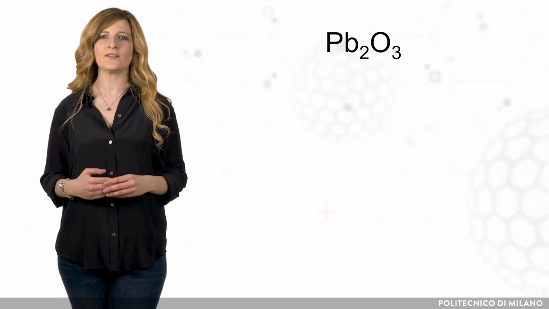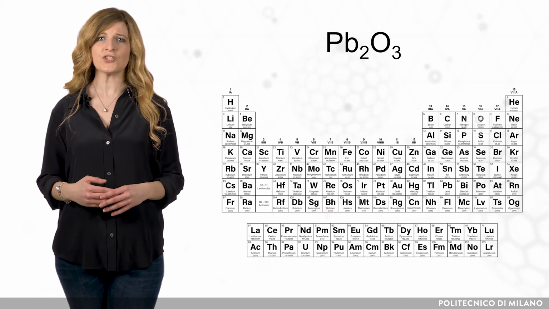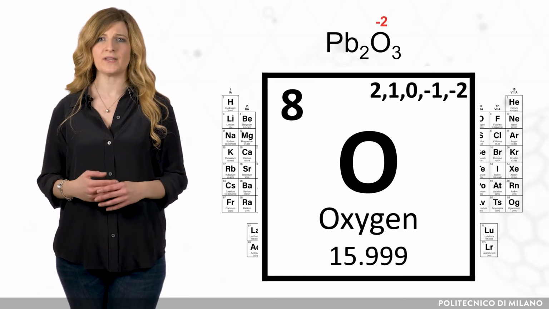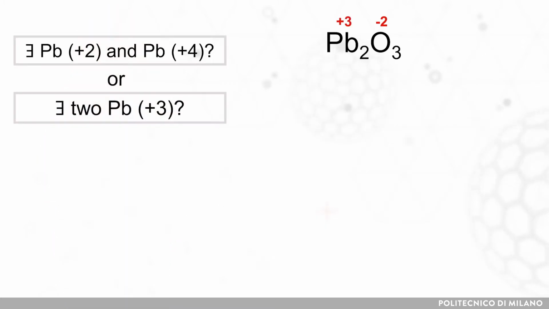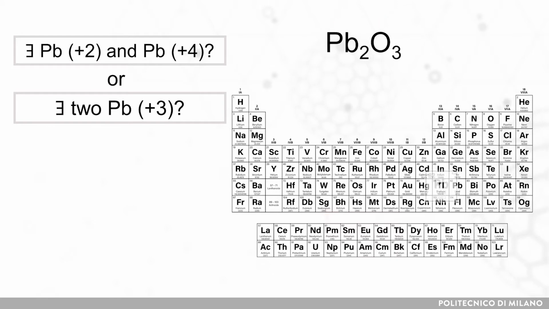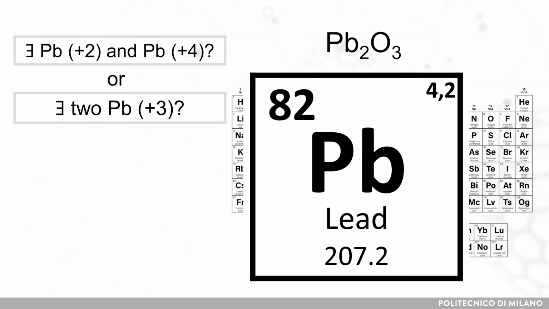Another example of applications is for the determination of the oxidation state of some species in a compound. Let's consider di-lead trioxide. Since oxygen has oxidation number -2, the oxidation number of lead should be +3. Actually, lead has only 2 possible oxidation states, +4 or +2.